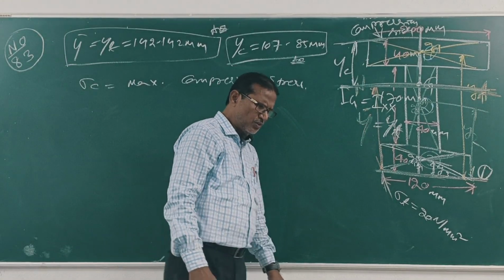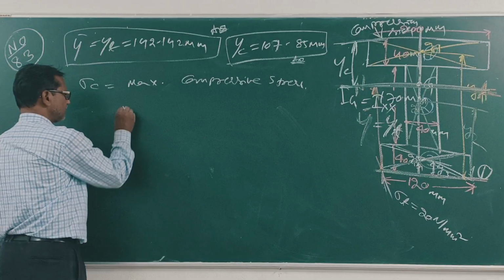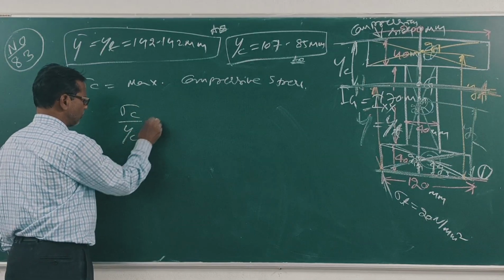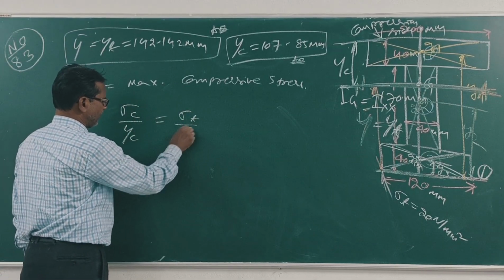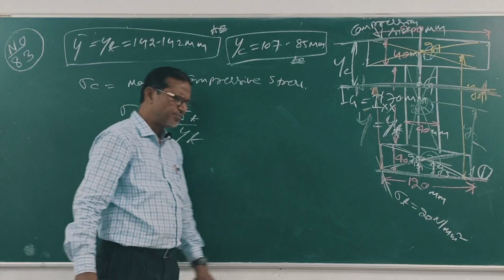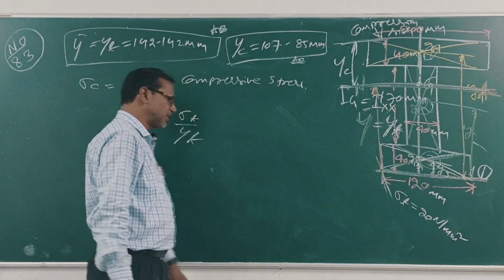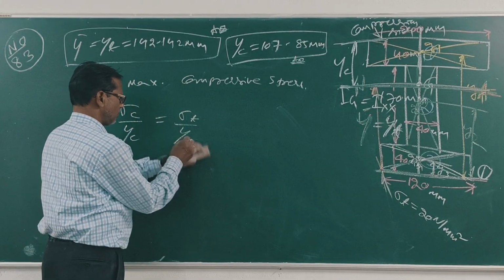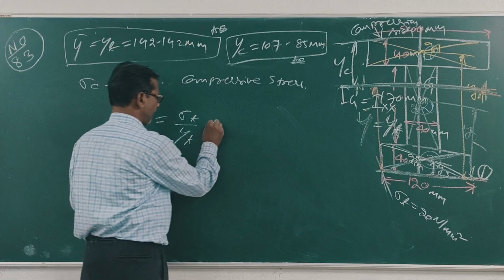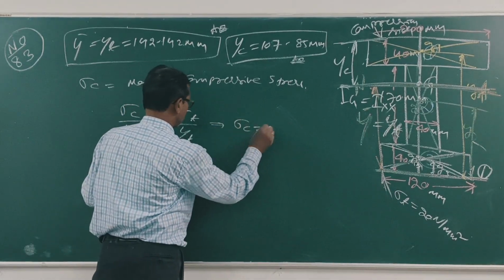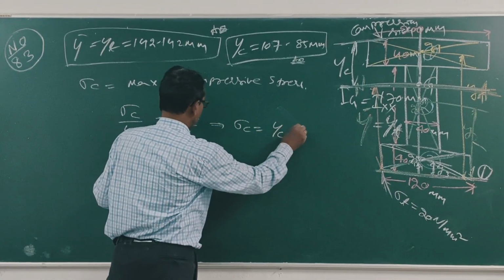We know sigma C by yc is equal to sigma T by yt. Clear? So this implies sigma C is equal to yc into sigma T by yt.